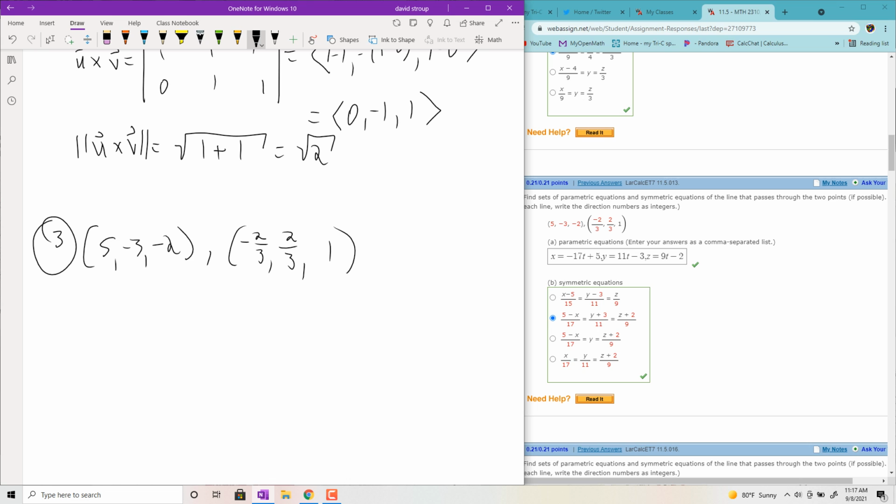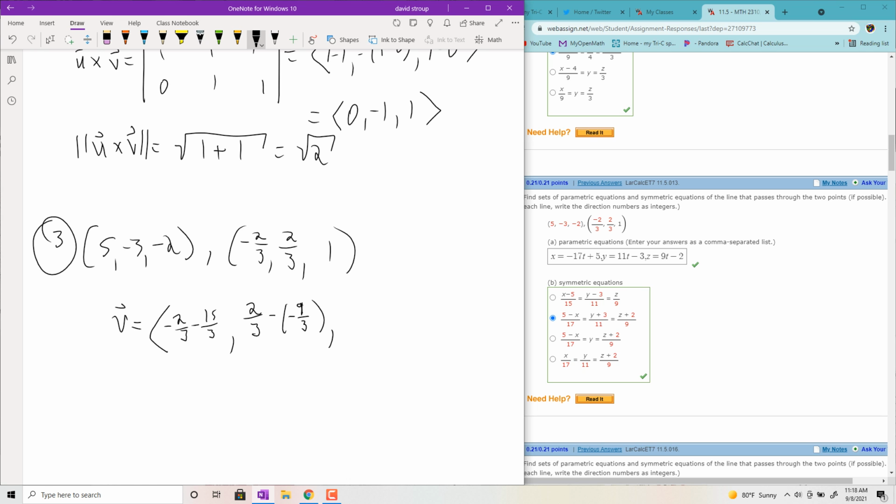I need basically a direction, and the direction is kind of like the slope, and then a beginning point. So to find the quote-unquote slope, I'll call that v. I'm taking the difference of these points. So in this case, I'll have negative 2/3 minus 5, or 15/3. Then I have 2/3 minus negative 3, which is negative 9/3.